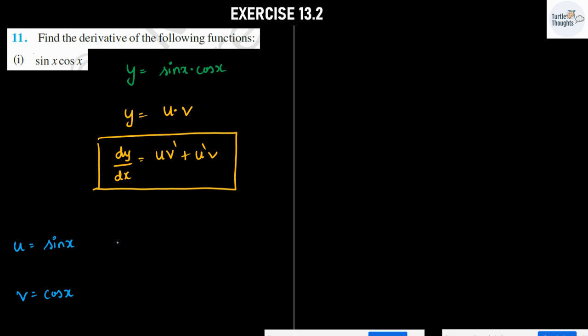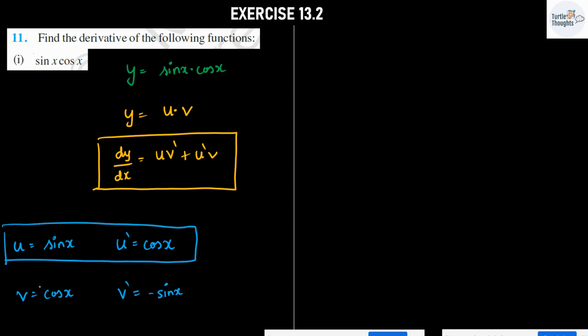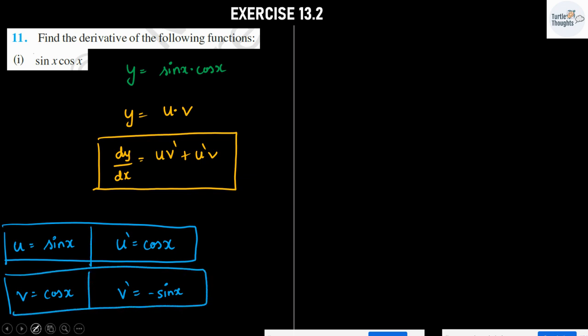If u is equal to sine x, u dash is going to be the differential of sine x, which is cos x. v dash is going to be the differential of cos x, which is minus sine x. I have the value of u and u dash, and the value of v and v dash as well.